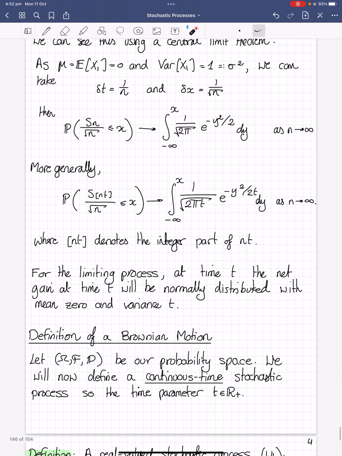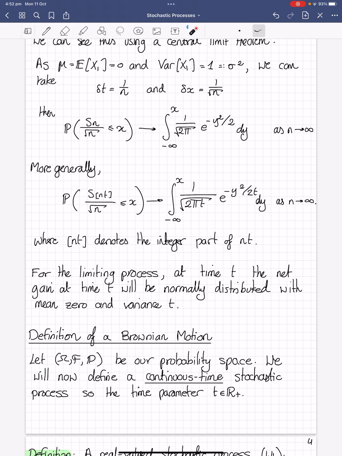More generally, it holds that if we take a random walk and consider the integer part of n times t, we get the same thing as n goes to infinity: the CDF of a standard normal.